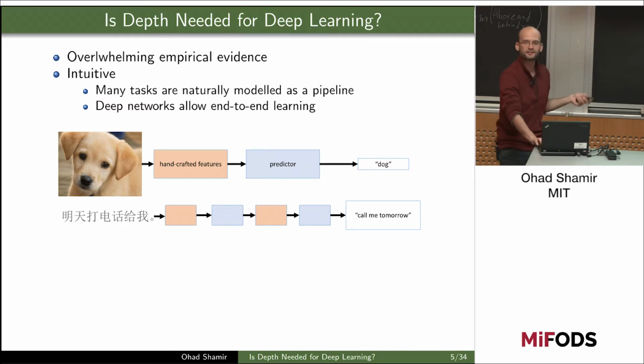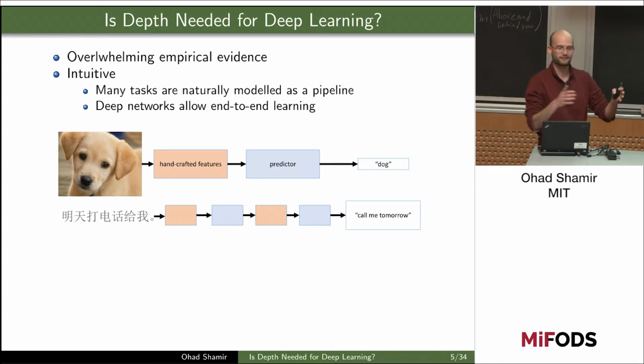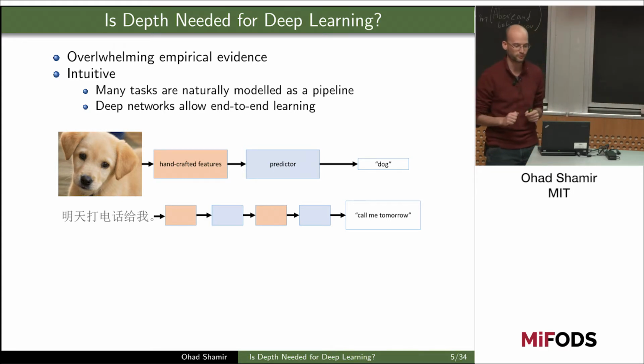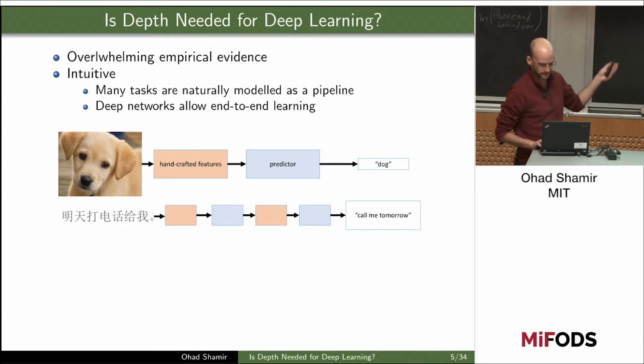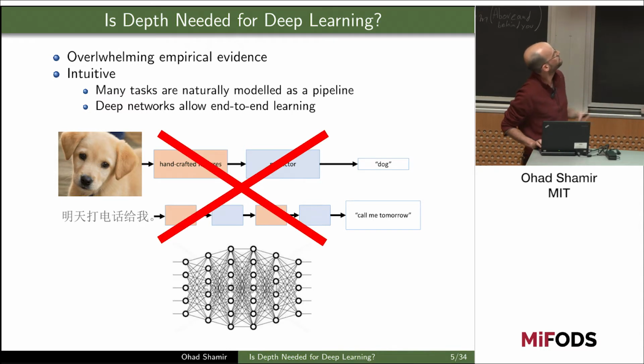If you talk about translation, it's even more clear that you have a pipeline structure, because the natural way to do it is that you take, say, a sentence in Chinese, then you maybe parse it into individual words, then you translate them, then you put something back. And again, classically, you have an entire pipeline, some of it handcrafted, some of it learned. And the promise of deep neural networks is that you don't really need to explicitly have this pipeline anymore.